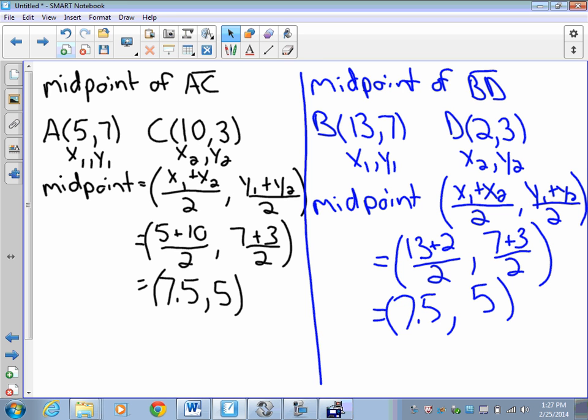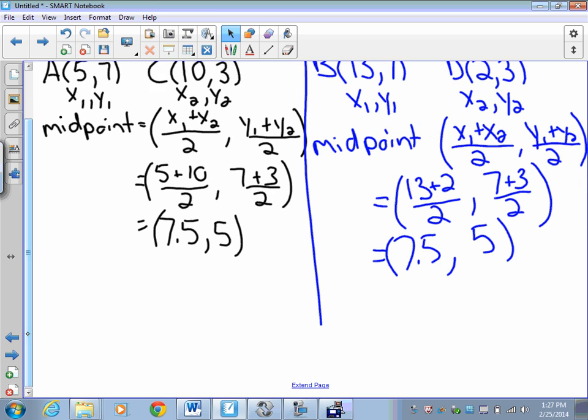Some of you forgot this logic symbol that we learned earlier in the year. The 3 dots in the form of a triangle means therefore.